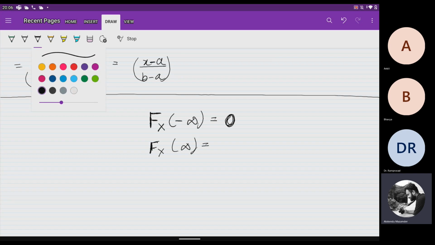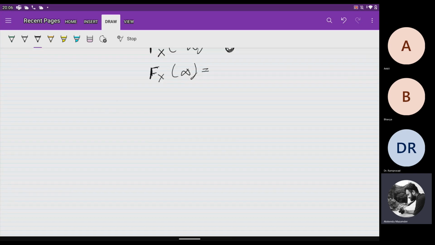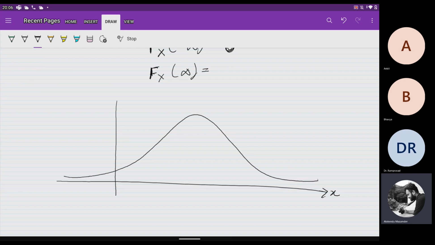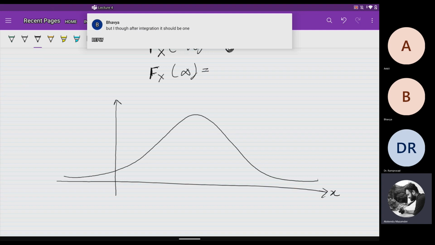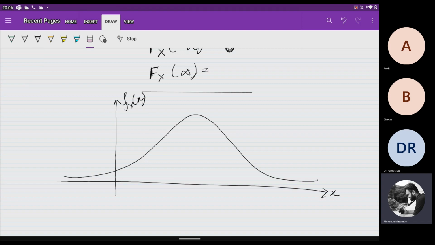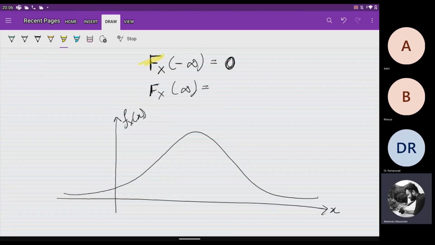Okay, let me give you an example. Assume this is a PDF. Now, Fx of minus infinity means the probability that x is less than or equal to minus infinity.